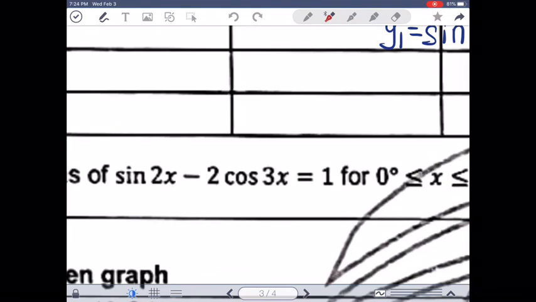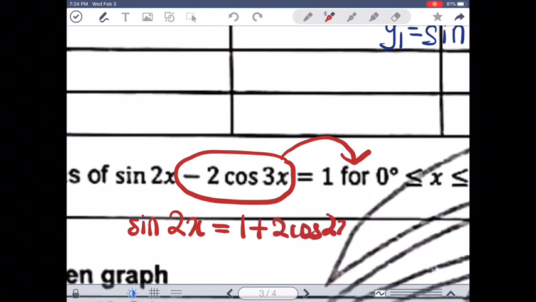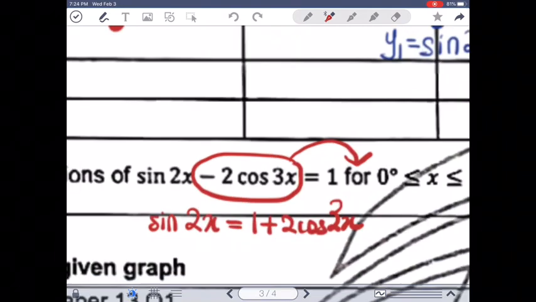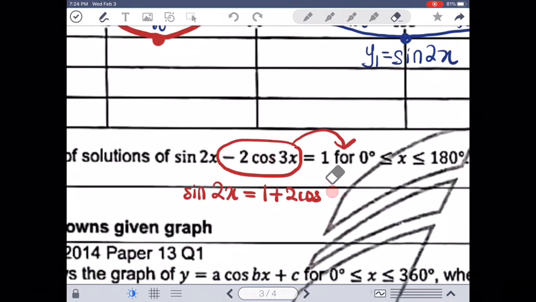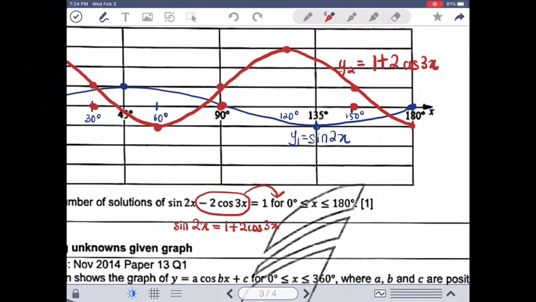So basically if I move that to the right hand side, we'll get sine 2x equals 1 plus 2 cos 3x, which is just y1 equals y2, if you notice.